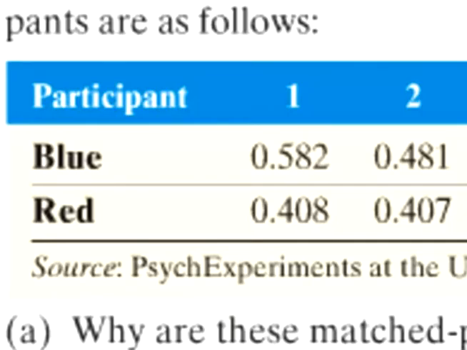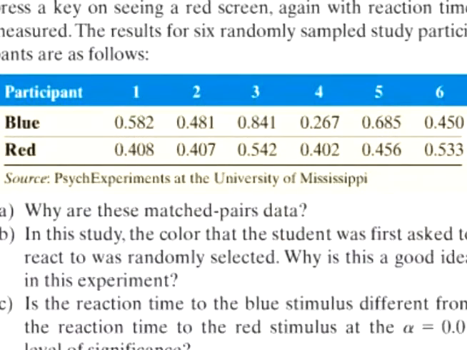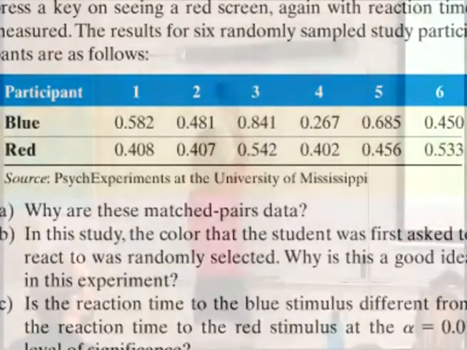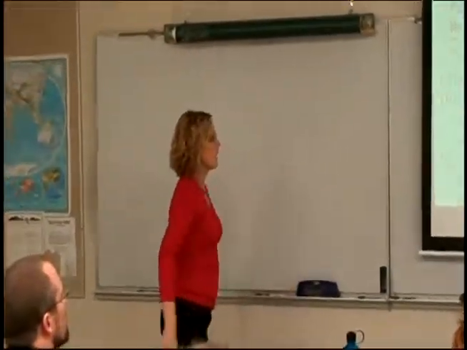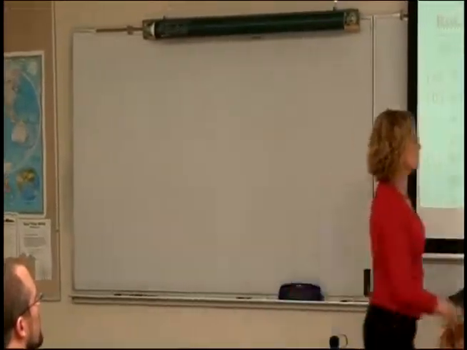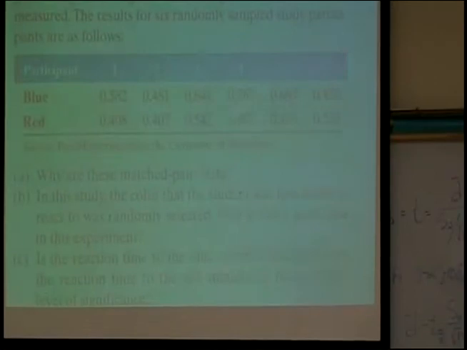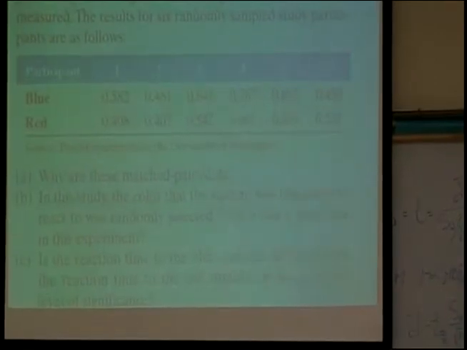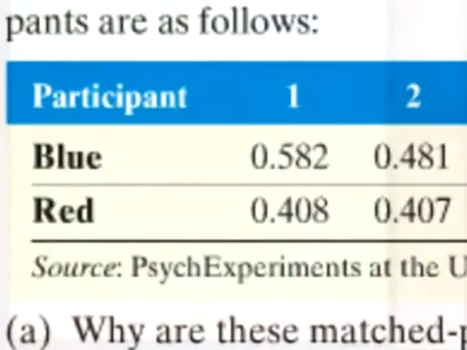Okay. To kind of know more what to expect, or wait, it's the same person all 6 times? No, it's different people. 6 people, and then their reaction times to each. So I don't think it matters which one comes first. Okay.